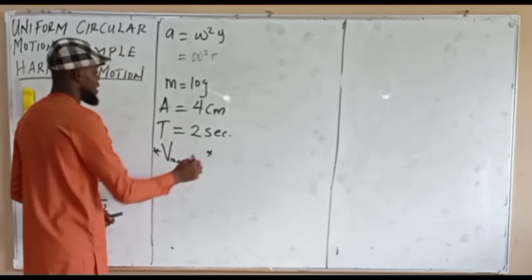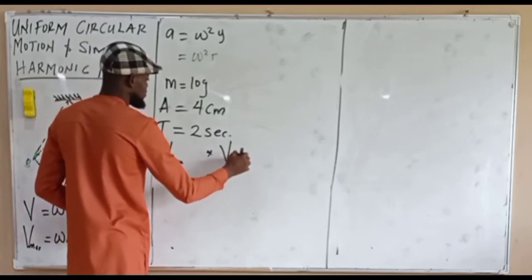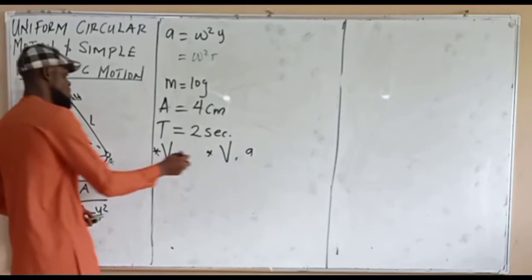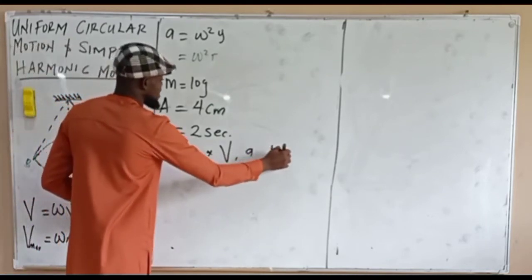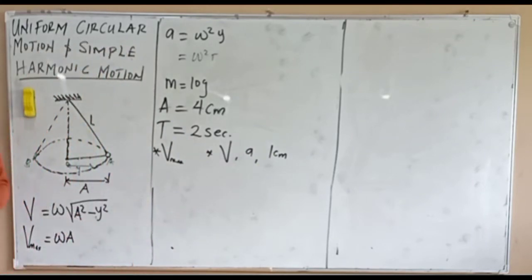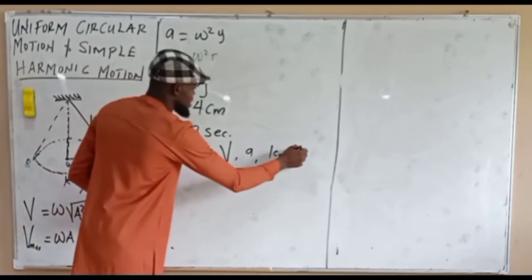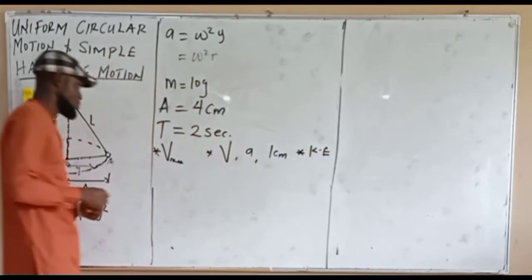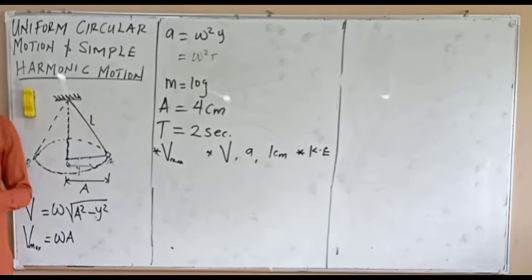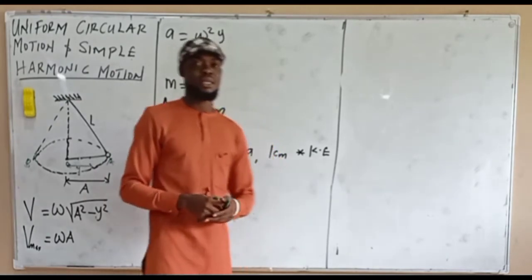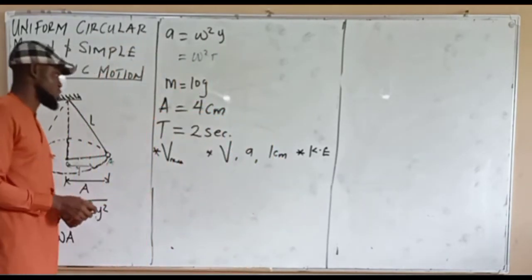Then, calculate the velocity and acceleration at 1 cm from the center. Then number 3, what will be the kinetic energy at the center of oscillation?